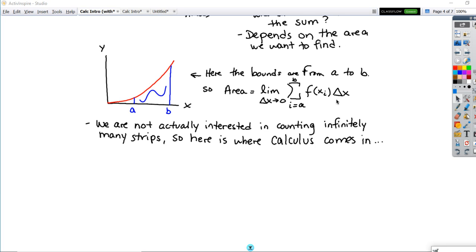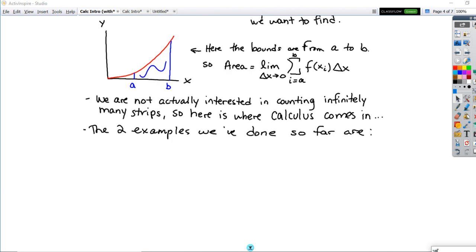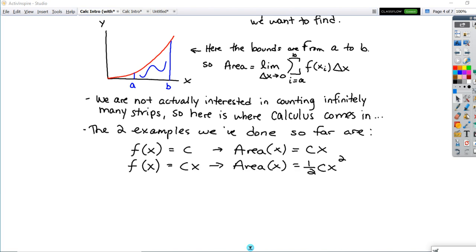But we're going to use calculus for this. In order to see how this plays out, let's look at the two examples we've done so far, specifically the results of those two examples.